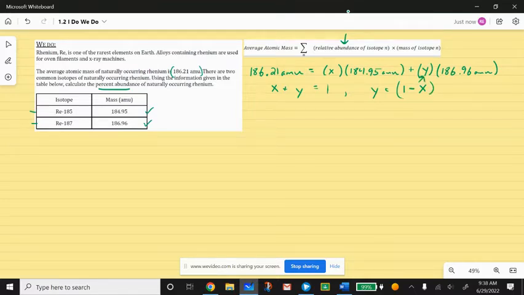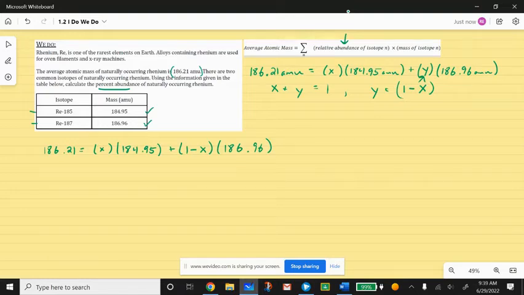So that gives us 186.21, and we're going to set that equal to X times 184.95 plus 1 minus X times 186.96. And this just becomes an exercise in algebra.